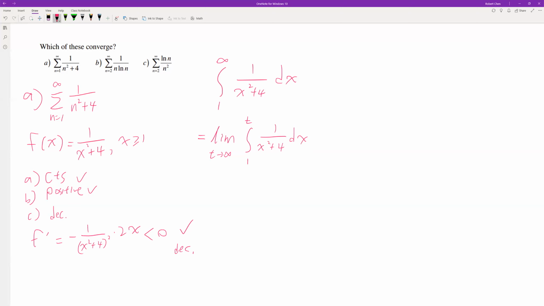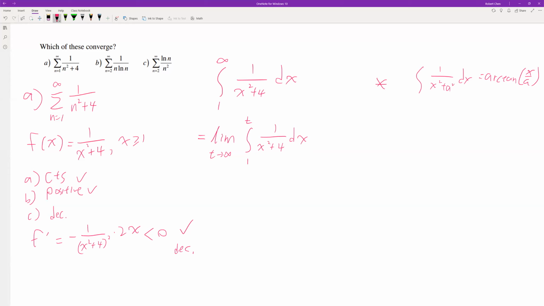All right, and 1 over x squared plus 4, that looks like an arctangent, right? So do a quick review here. Integral of 1 over x squared plus a squared dx is arctangent of x over a.